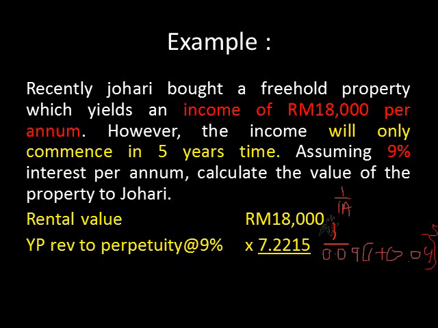So 1 over I is 1 over 0.09, times 1 over A, where A is 1 plus 0.09 to the power of 5. Then you will get the capital value of about 130,000, so the value of the interest for Johari is 130,000.